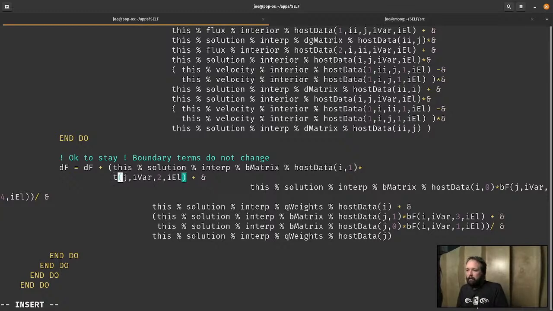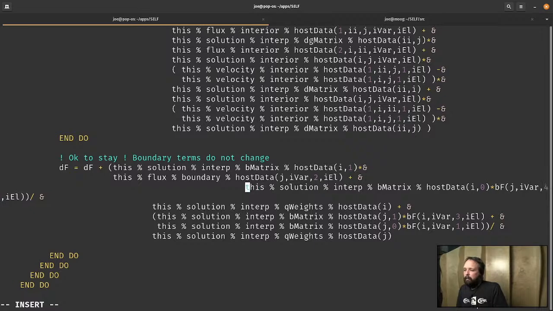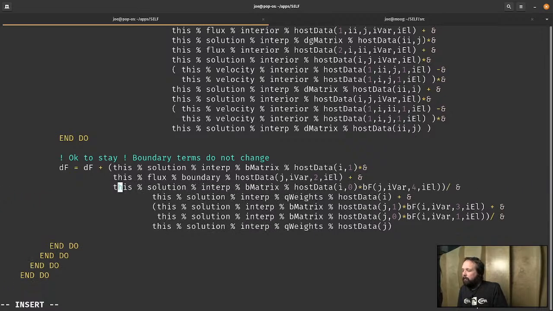All right, so we got this %flux. And again, we want the boundary flux this time. So we got boundary and then host data. Oh, we get a line continuation parameter there. Let's pull this guy back. I don't know why that got all messed up.